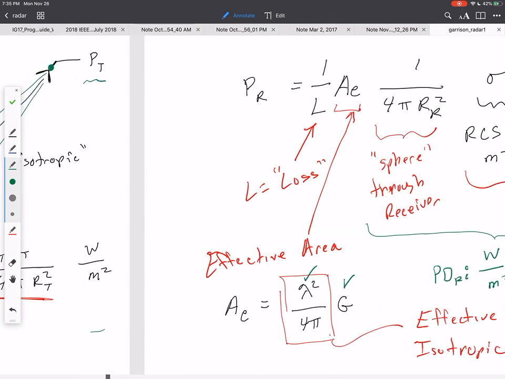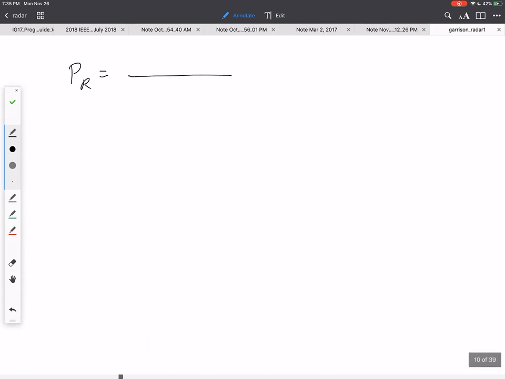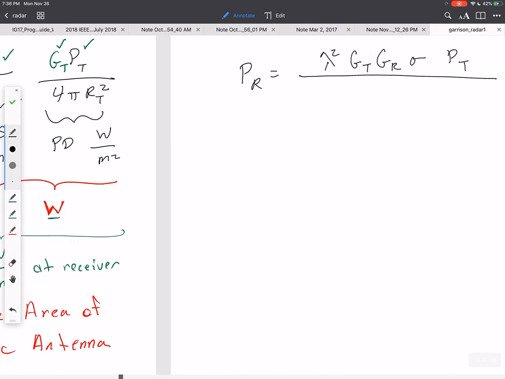I left out my transmitter gain. That should also be in there. Transmitter gain, transmit power, radar cross section. All that stuff's in the numerator. So in my numerator: wavelength squared, transmit and receive gain, cross section, transmit power.